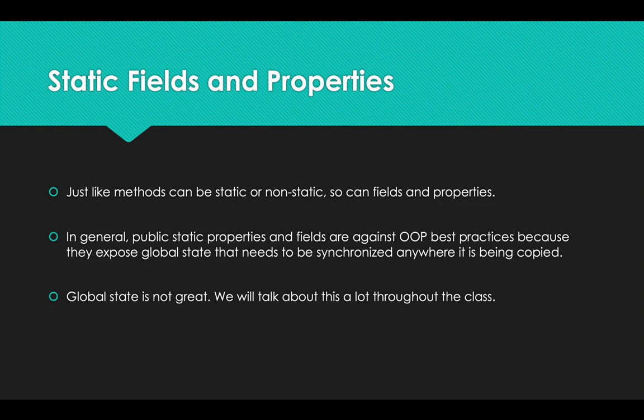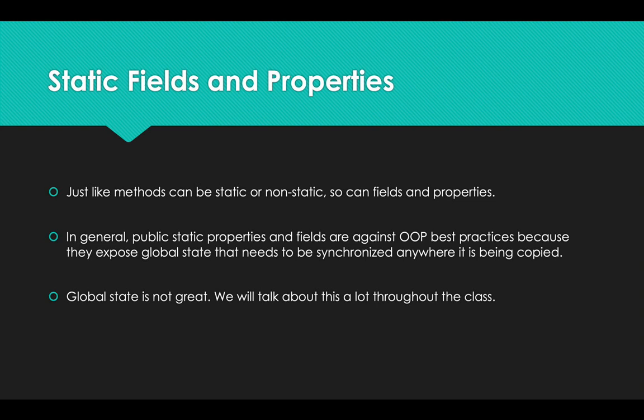Global state in general is not a good idea because many different applications could be accessing that state. They could be accessing that state at different times, and if that state gets updated, it's kind of your job to make sure that anything that accessed that state in the past is updated correctly going forward.